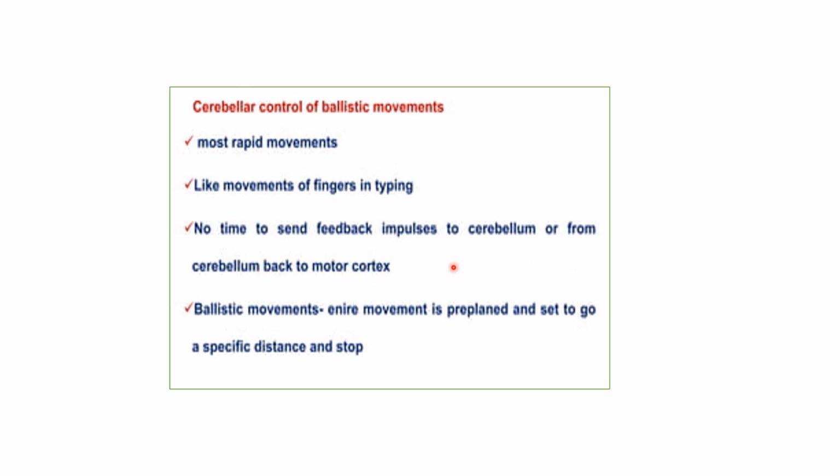Because the movements occur rapidly, there is no time for the cerebral cortex to send information to the cerebellum, or for the cerebellum to send its impulses back to the motor cortex. In ballistic movements, the entire movement is pre-planned and set to go a specific distance and stop. So these ballistic movements are controlled by the cerebellum.